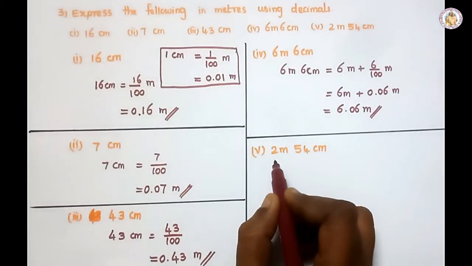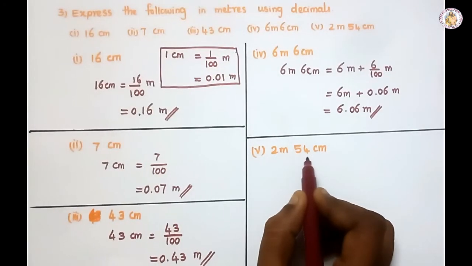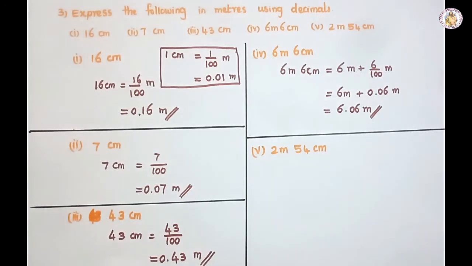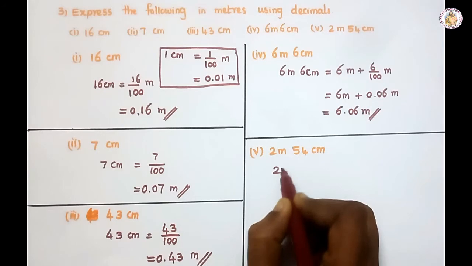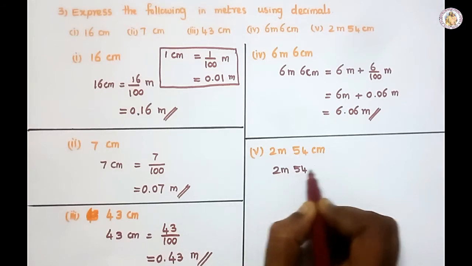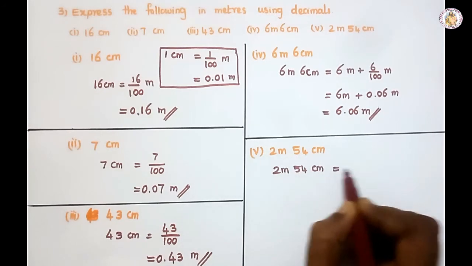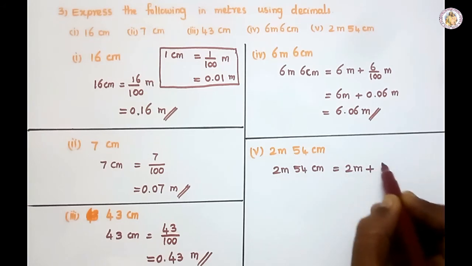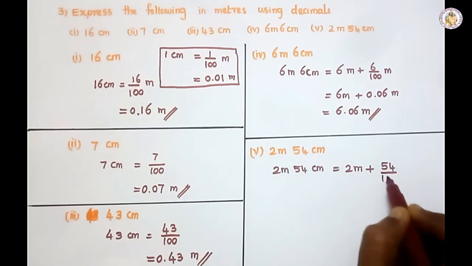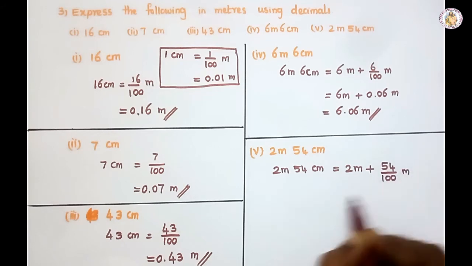Last one, 2 meter 54 centimeter. 2 meter 54 centimeter, that is equal to 2 meter plus 54 by 100 meter.